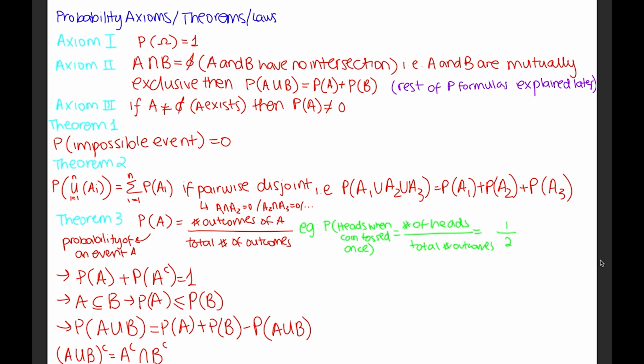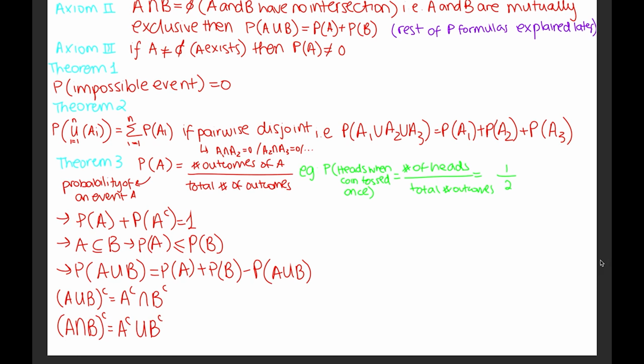Axiom 2: if A intersection B is empty, so if A and B cannot happen at the same time, they're mutually exclusive, then the probability of A union B would be the probability of A plus the probability of B. If A doesn't equal phi, so it exists, then the probability of A is not equal to 0 because it could happen if it exists.